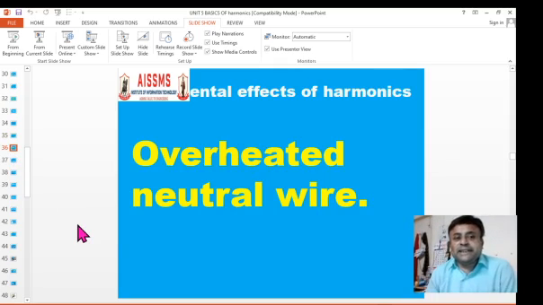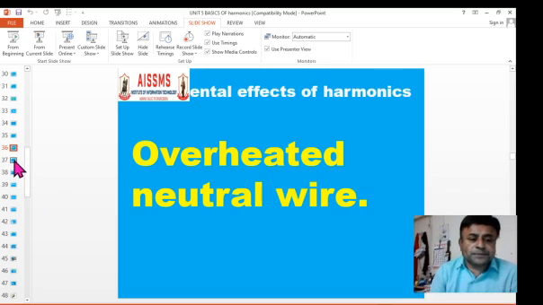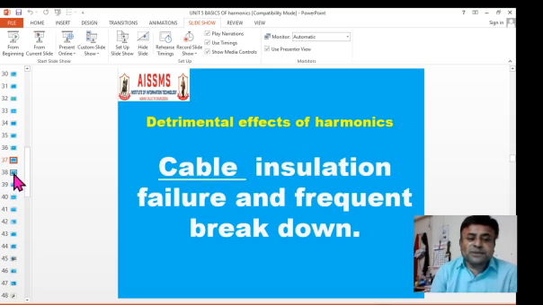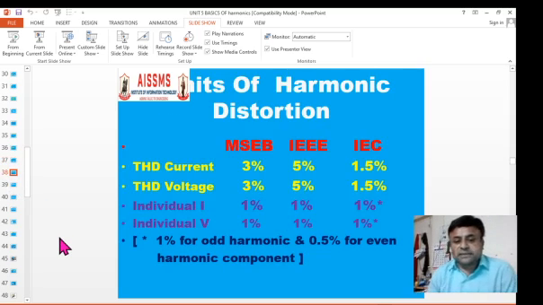The neutral wire gets overrated because of triplen harmonics particularly, and it can be mitigated by providing a zigzag transformer or any other type of mitigation device. There is also failure of cable insulation, with frequent breakdown because of harmonic current flowing through the insulation.